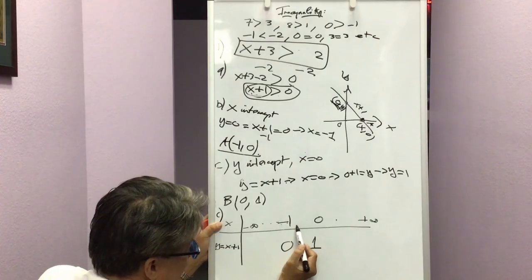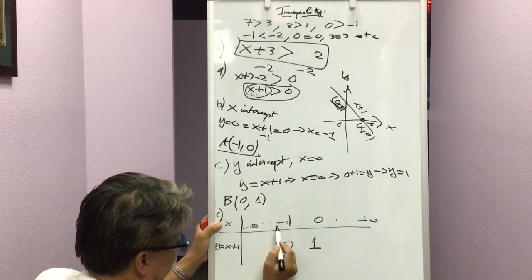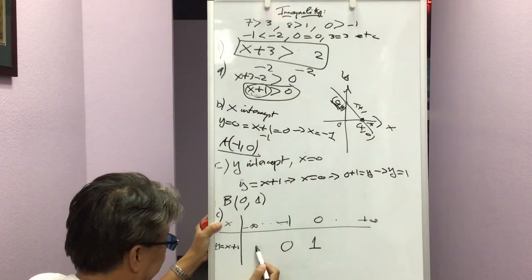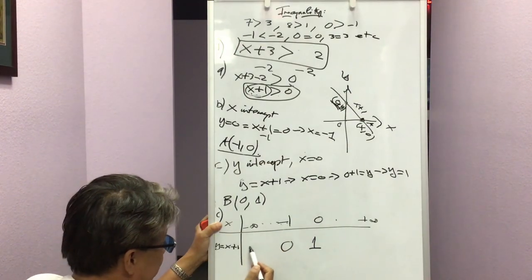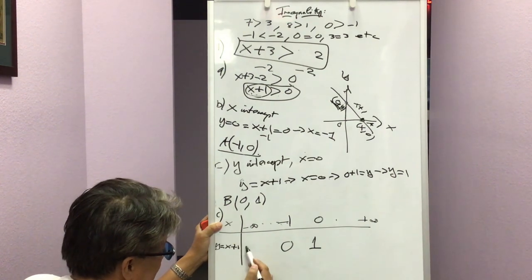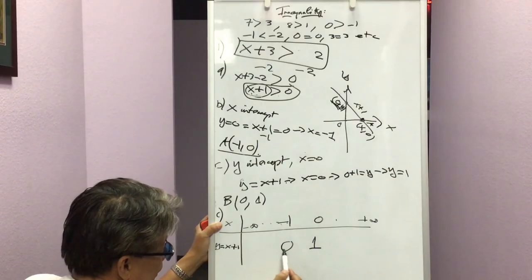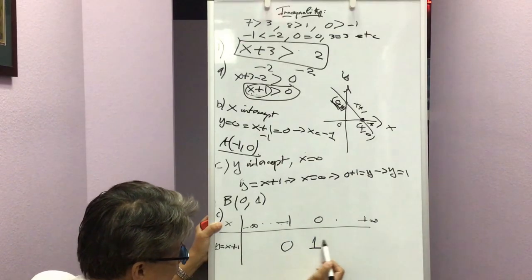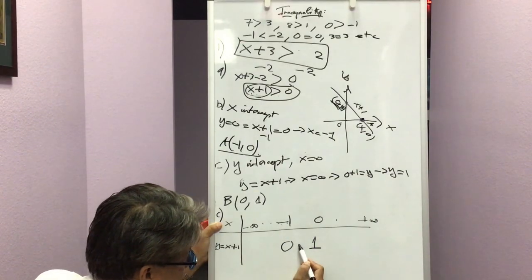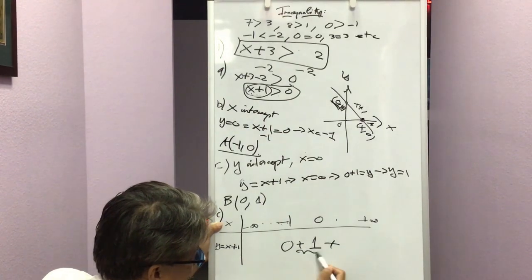Okay, now we have to see the sign of this. From here to here, y equals 0 here, and then 1, and it starts up to 3. From 0 to 1, y is positive, this trend right here.